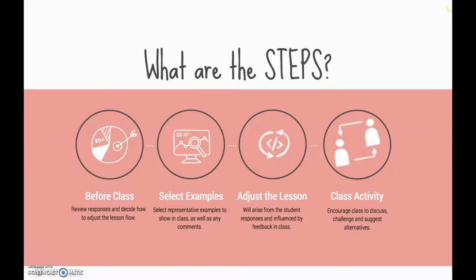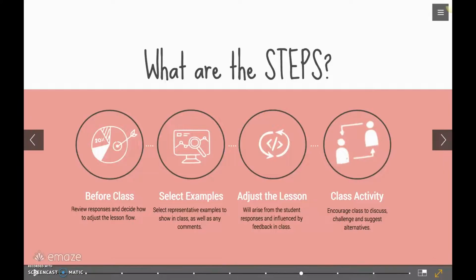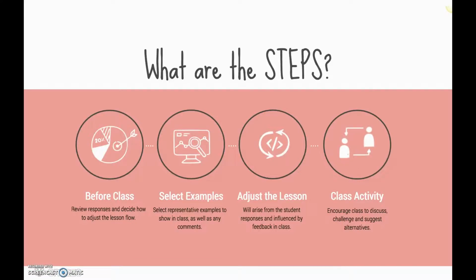Typically, the class is shown a representative set of responses, and the authors of the responses are invited to comment and elaborate. The rest of the class is encouraged to challenge and suggest alternatives. Properly handled, this can be a teaching opportunity that goes beyond the course content. Students have an opportunity to practice critical thinking and communication skills.